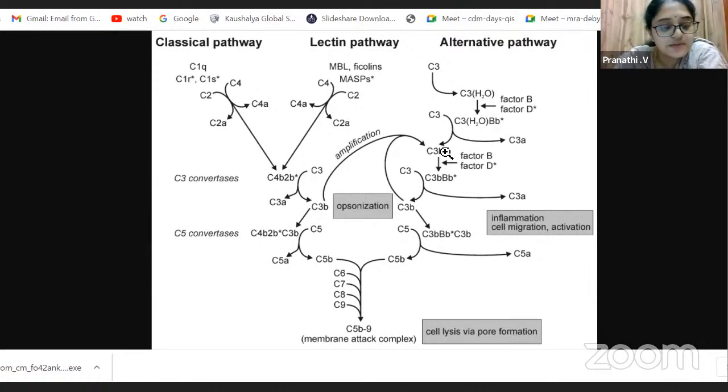This active enzyme C1s has two substrates, C4 and C2. C4 is a glycoprotein with three polypeptide chains: alpha, beta, and gamma. C4 is activated when active C1s hydrolyzes a small fragment, C4a, from the amino terminus of the alpha chain.